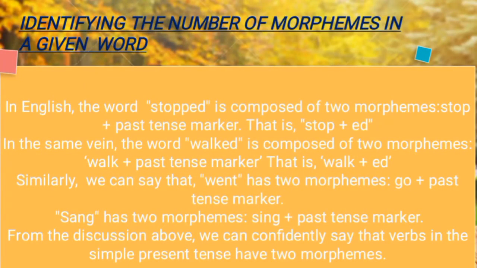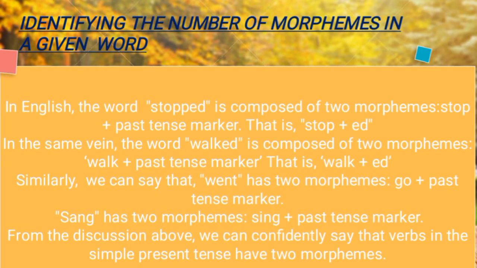Let's identify the number of morphemes in a given word. In English, the word stopped is composed of two morphemes: stop plus past tense marker, that is stop plus ed. In the same vein, the word walked is composed of two morphemes: walk plus past tense marker, that is walk plus ed.